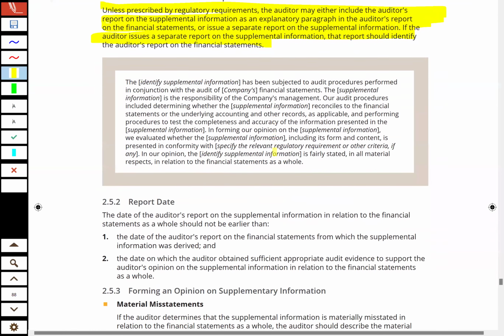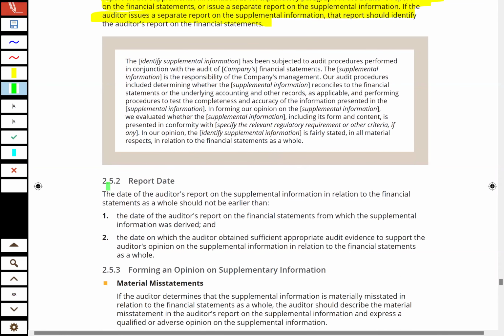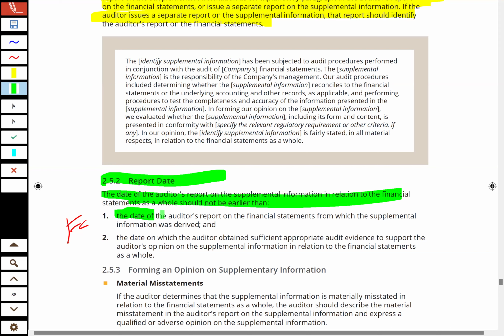Okay, let's look at report date for this supplemental information and flashcard this stuff. The date of the auditor's report on the supplemental information should not be earlier than the date of the report on the financial statements. Just keep thinking of this, everything is leveraging off the audit of the financial statements, right?